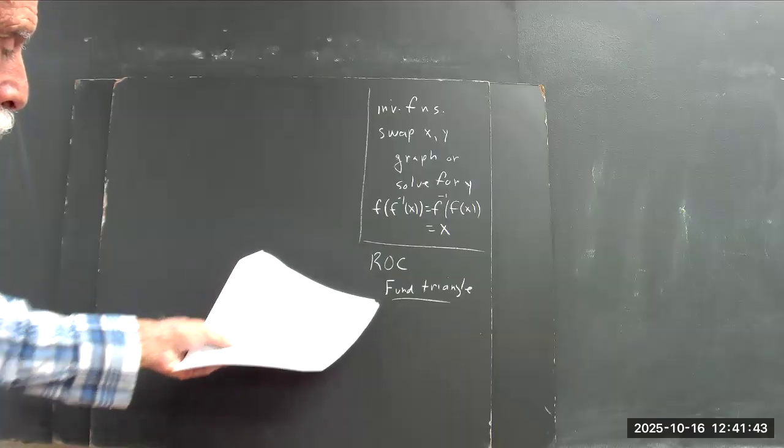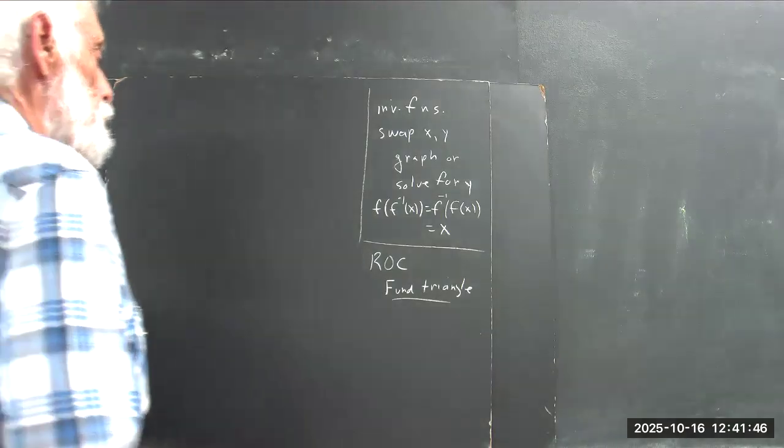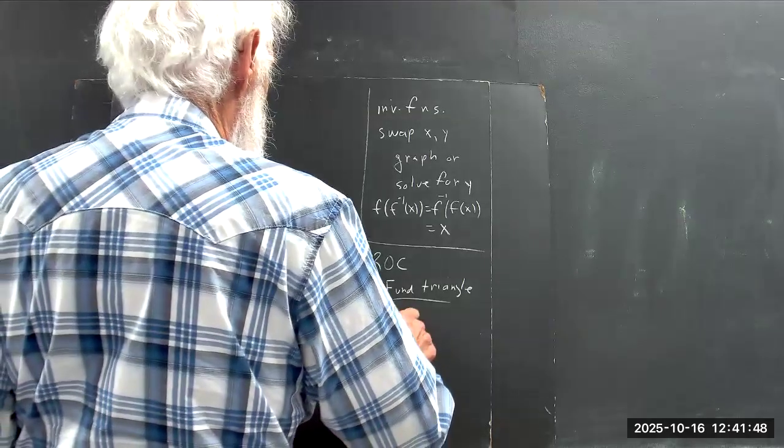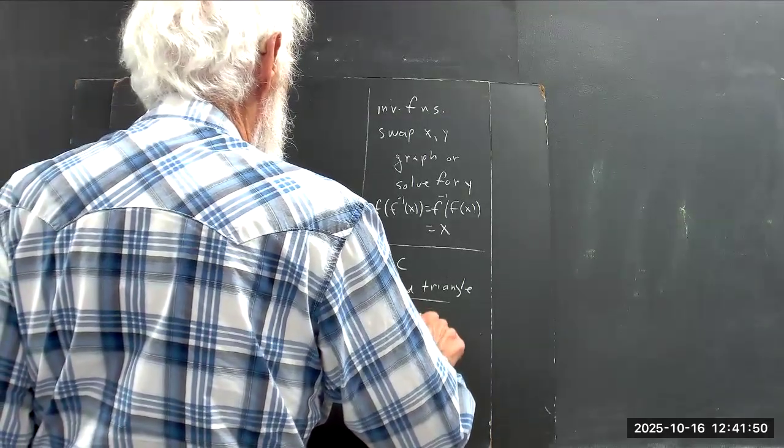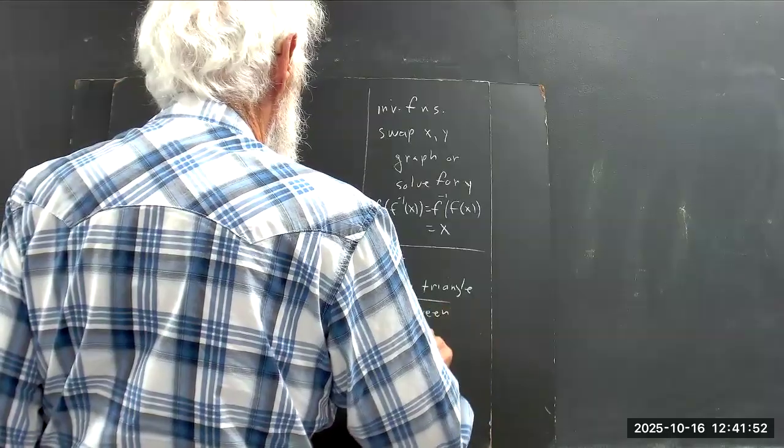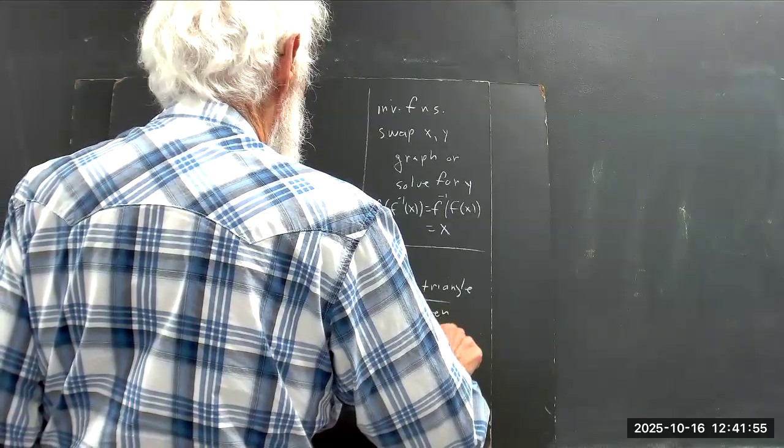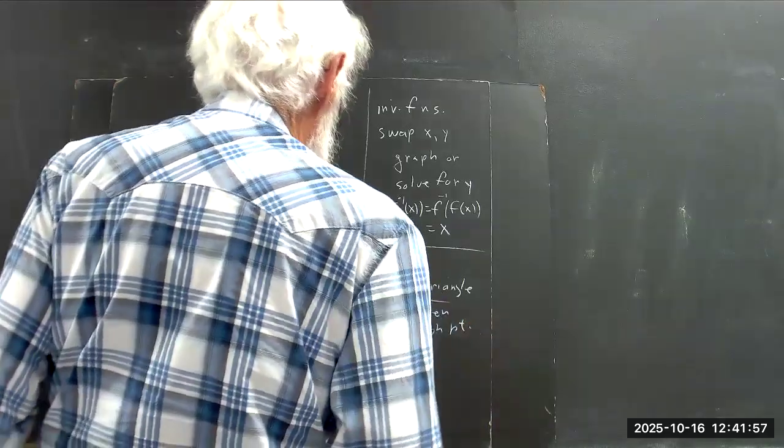You could see the rate of change as the slope of a fundamental triangle between graph points.